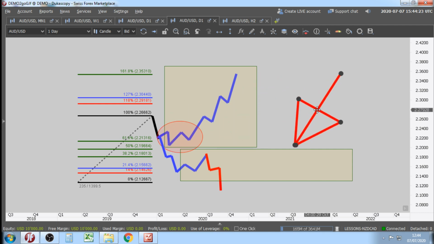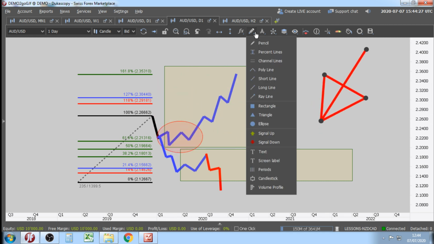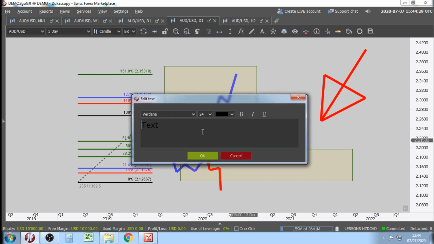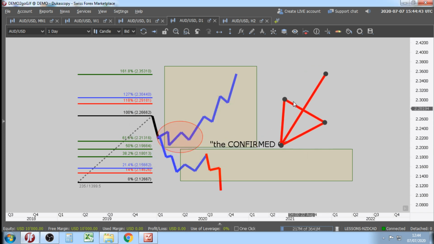Today we are learning about the Contrarian Fibonacci, which helps us spot the so-called confirmed C, the confirmed capital C, because we are talking about the C of the original Fibonacci.